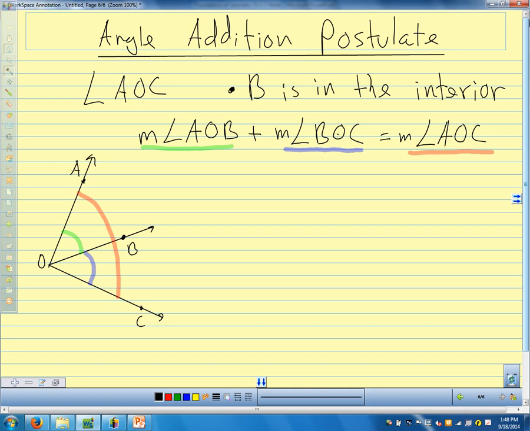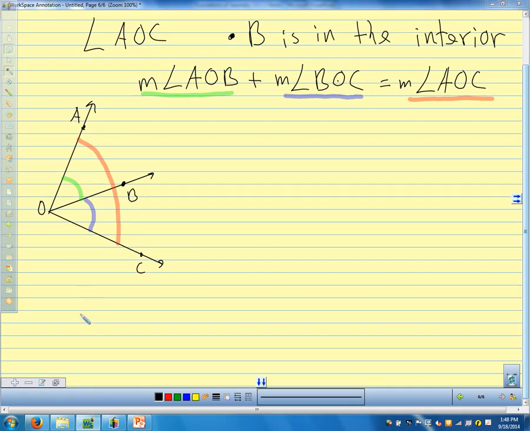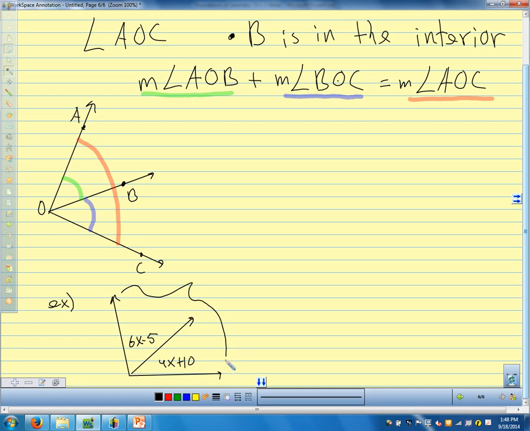So let's look at an example that has to do with the angle addition postulate. We worked the problems just like we did the segment addition postulate. So here is my picture. We're going to say this is 6x minus 5, and this is 4x plus 10, and this whole thing is 175 degrees.